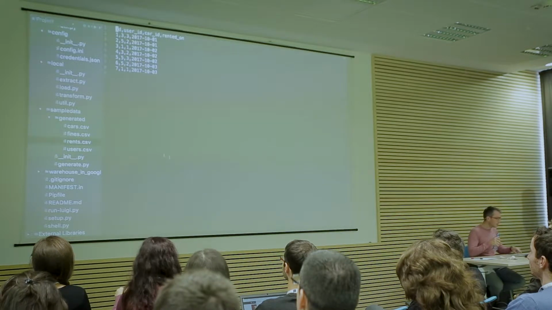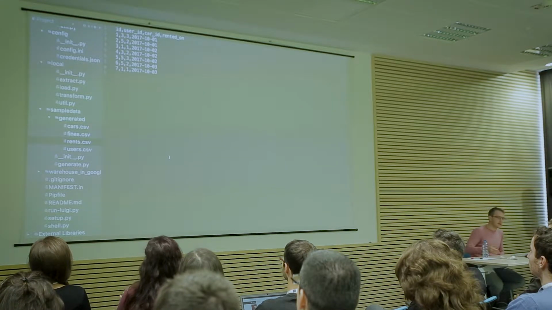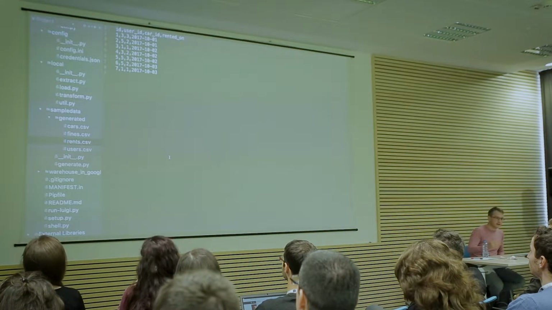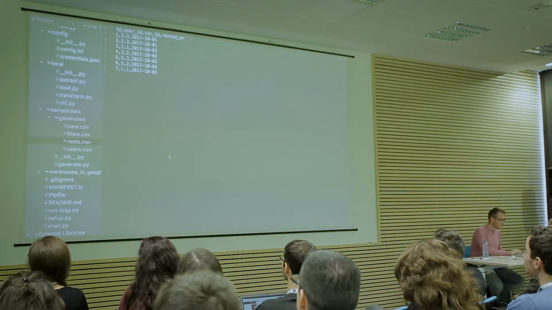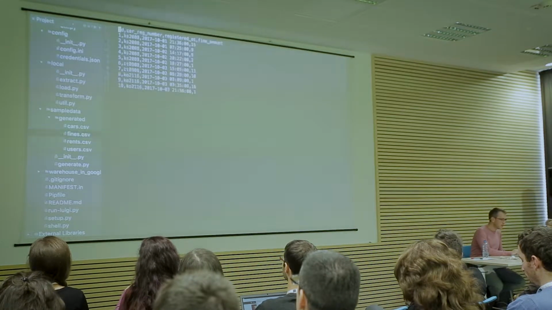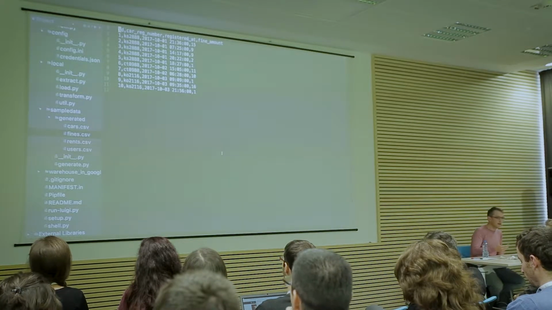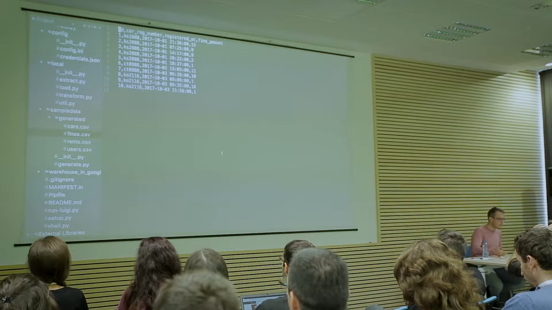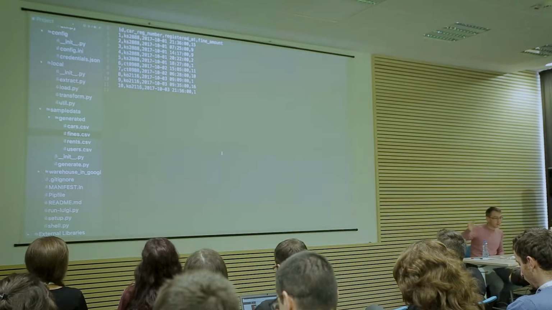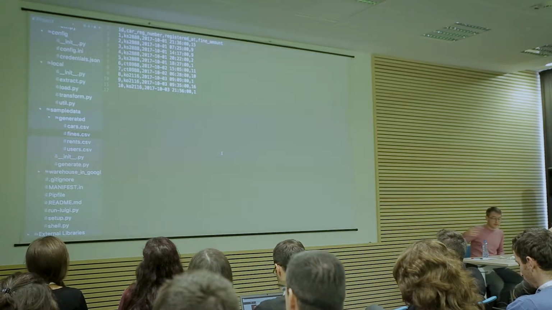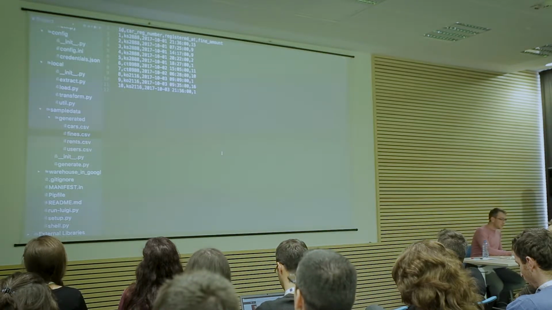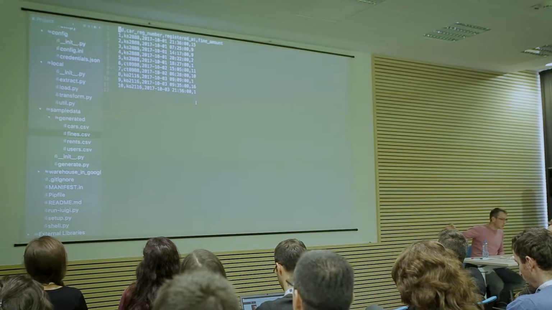Then we have rents, which is a simple table. It just connects the user with a car and a date on which the car was rented. And we also have another table, which is fines. As you see, it is based on the car reg number, not on car ID, because there is no such thing in the police database as your car ID. So basically, that's the structure that we will be working with.